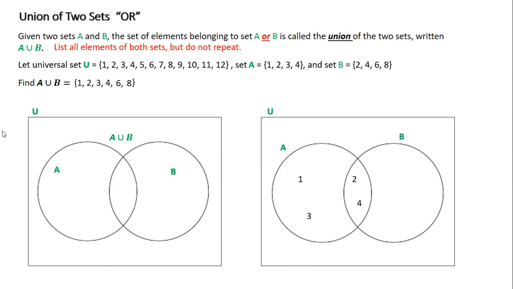My set B has the 2, the 4, but also has the 6 and the 8, right? So the 2 and the 4 are my intersection, but the union is all of them, right? So it would be 1, 2, 3, 4, 6, and 8. You don't see any doubles, twos or double fours, when I have it visually in my Venn diagram. To finish it off, all the other elements that belong in my universe go outside these circles. They're just anywhere. Doesn't matter where.